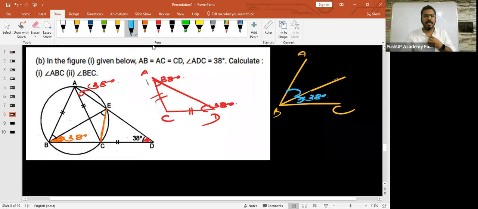But you don't have any idea about the remaining part, isn't it? So how will you get this remaining portion, children? That is our big question. How will you find angle ABE?